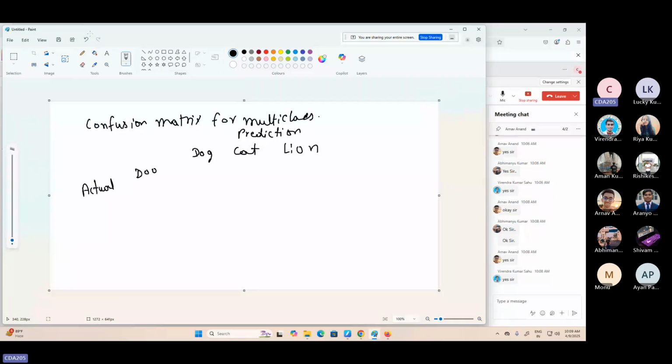This is dog, cat, and lion. Okay, so we keep the dog as the number 0, cat as 1, and lion as 2. This is the confusion matrix we have made.